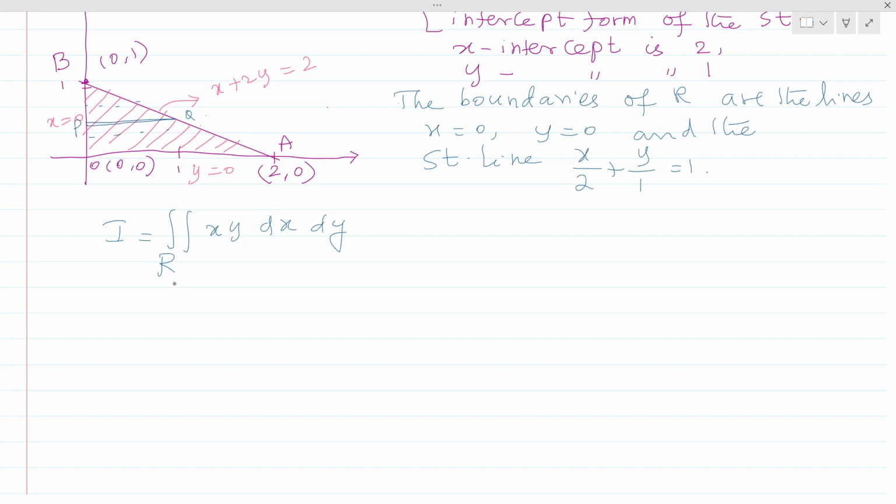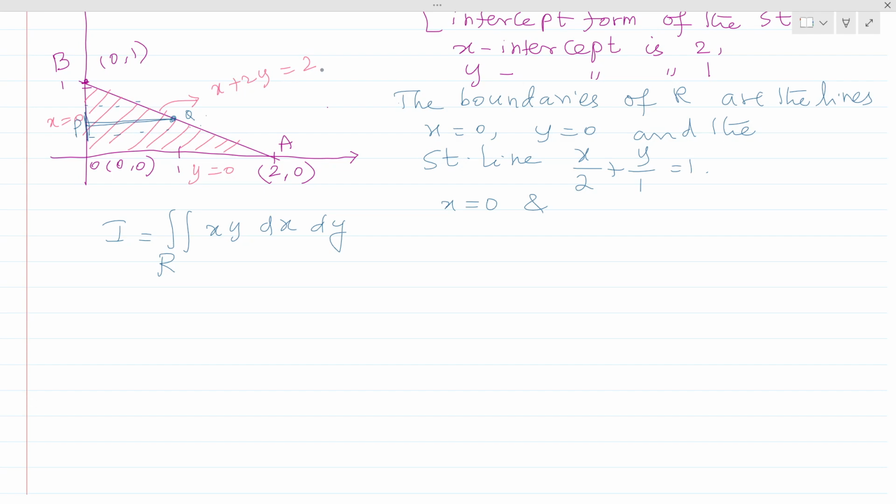So when we are finding the limits for x, first see that point P here. We start from the straight line x equal to 0, because we are going to find the limits of x. So it starts from x equal to 0 and ends with the straight line.